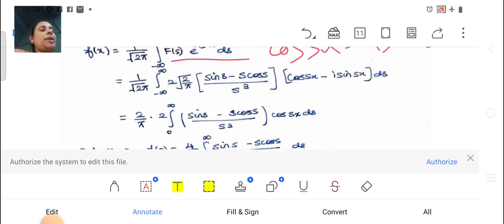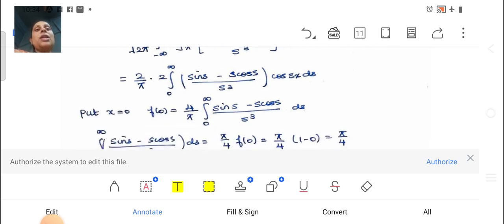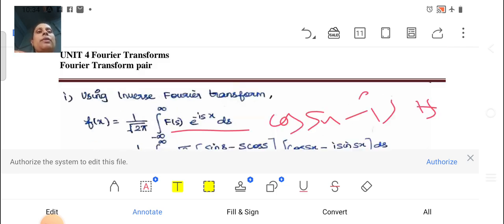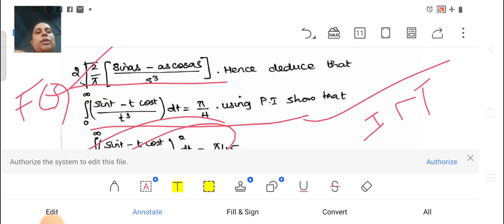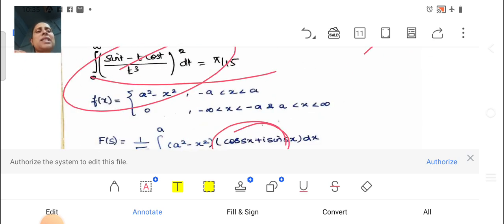After simplifying, the real part is an even function and the imaginary part is an odd function. So the answer is 2 by pi, integral from 0 to infinity of (sin s − s cos s) divided by s³ times cos sx ds.